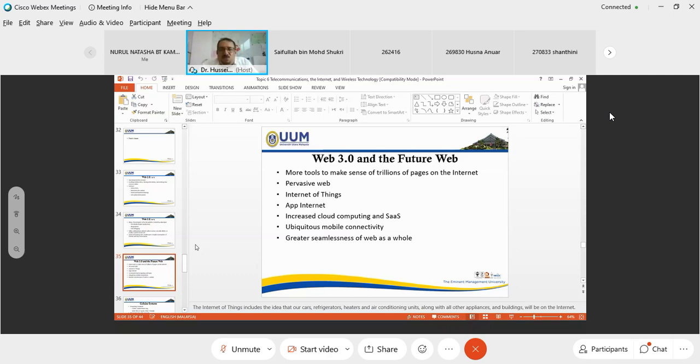SaaS is a way of cloud computing: software as a service. It means that we no longer take the software and install it on our device. We can connect and log into the software online. It becomes easier and easier, okay?